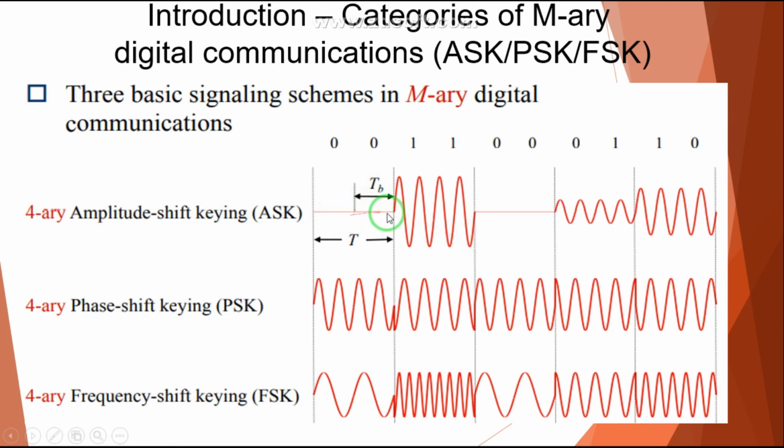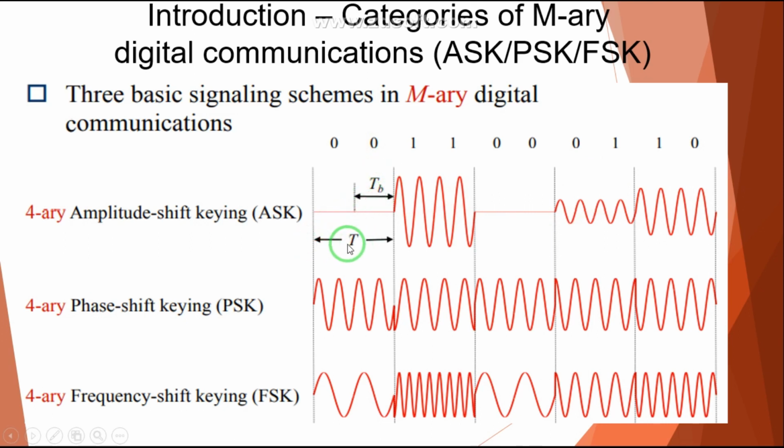For 0 0, we have selected no amplitude, whereas for 1 1, we have selected the maximum amplitude. For 1 0, it is a moderate amplitude, and for 0 1, it is the minimum amplitude. The duration of each bit is denoted by TB, and the symbol duration is denoted by capital T.